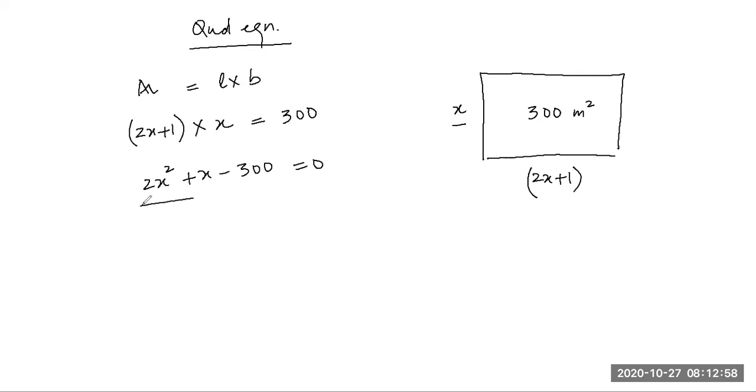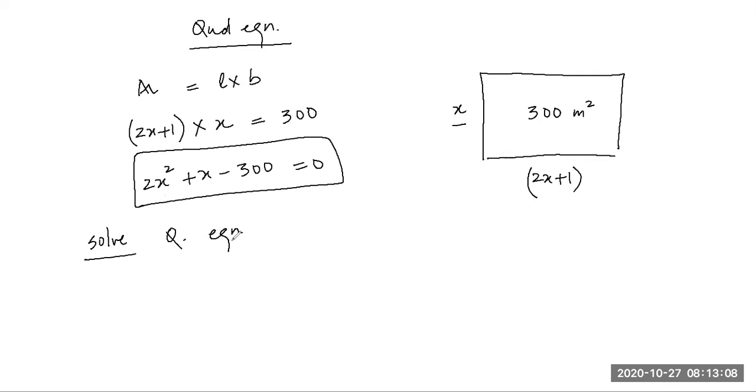So students, you have taken 5, 6 examples before learning how to solve quadratic equations. I would request you to take more examples, at least 5 to 10 more examples, and try to convert the statement in English into mathematical form.